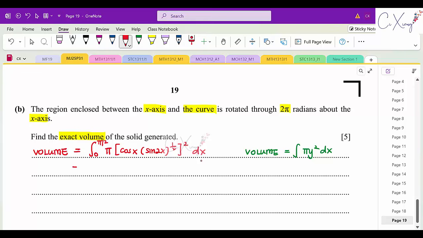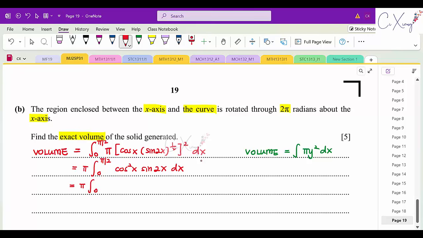After that, before I start the integration, I try to simplify everything and see what's the technique that I should use. Pi is a constant. I prefer to take it out usually. Then when I square the equation of y, I will be having cos square x, then sine 2x, dx. Alright, then I can't integrate this particular pattern.